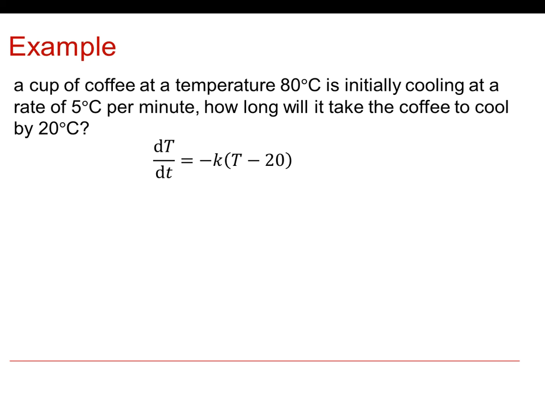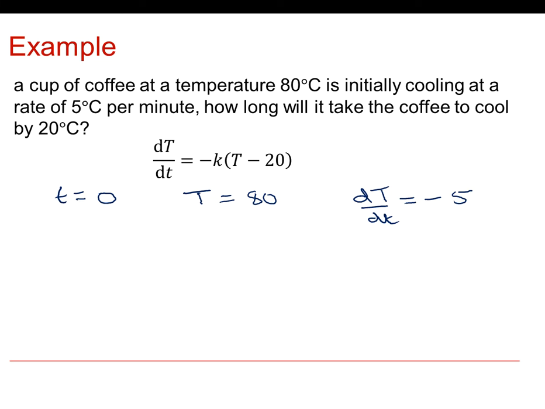Using this model, let's see what other information we've got. We know that initially, at t equals 0, the temperature is 80 degrees C, and we know that the rate of cooling, so dT by dt, will equal minus 5, and we say it's negative 5 because it's cooling.